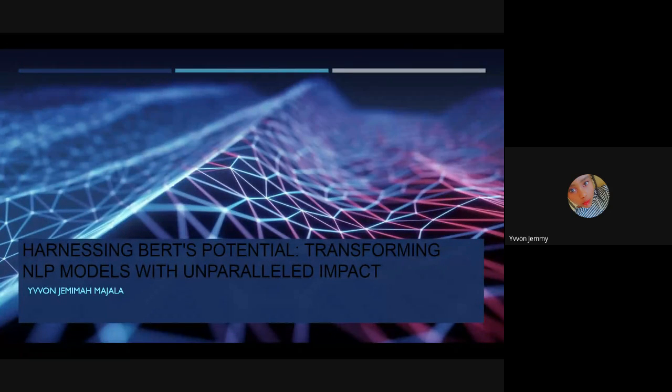So it's harnessing BERT's potential, transforming NLP models with unparalleled impact. This is basically just BERT and NLP. Before we even get into it, we must understand what these terms mean. What is NLP? NLP means natural language processing, and that is basically making a machine learning model speak or understand human language.